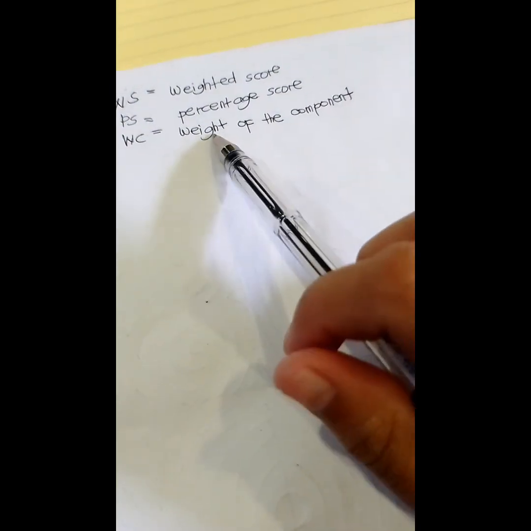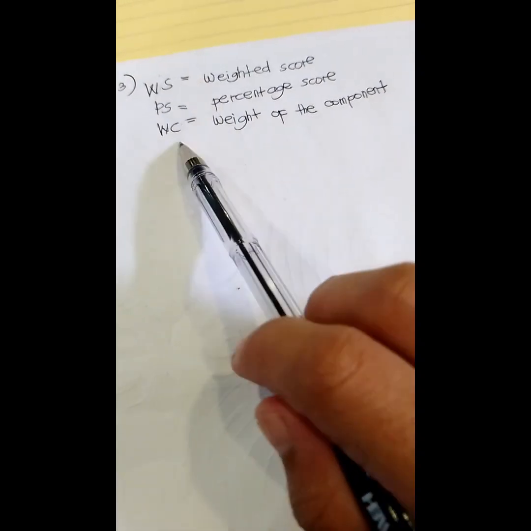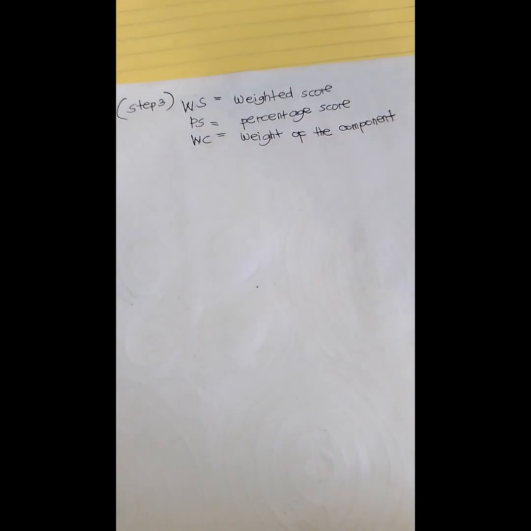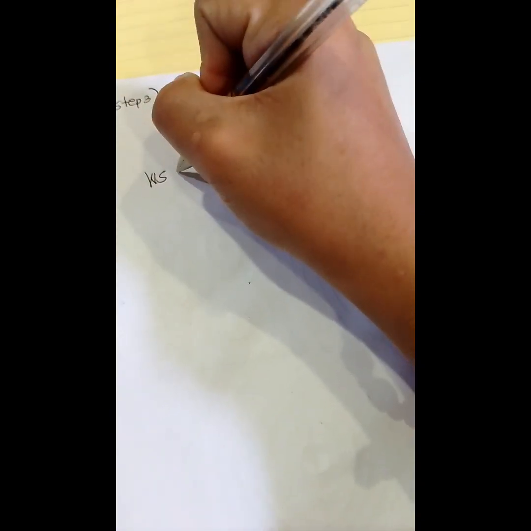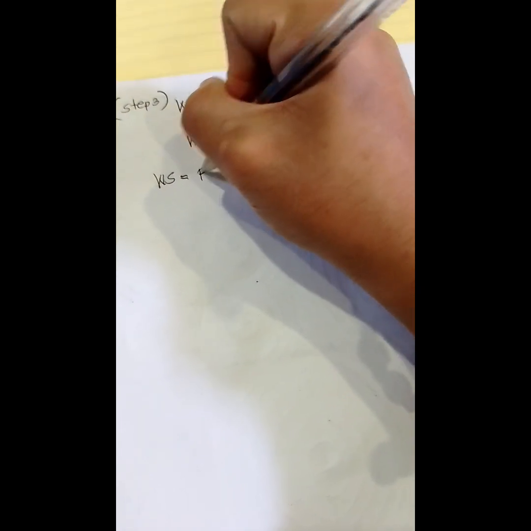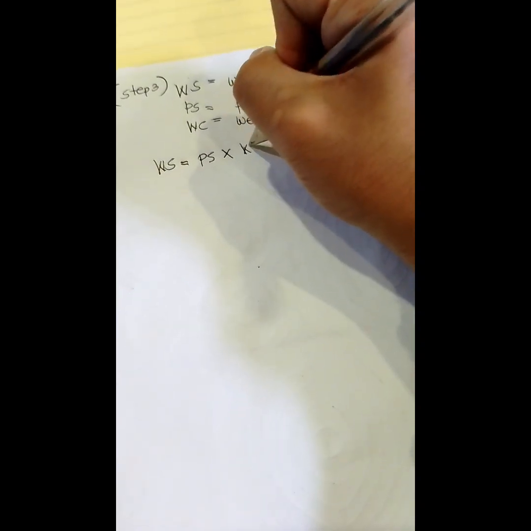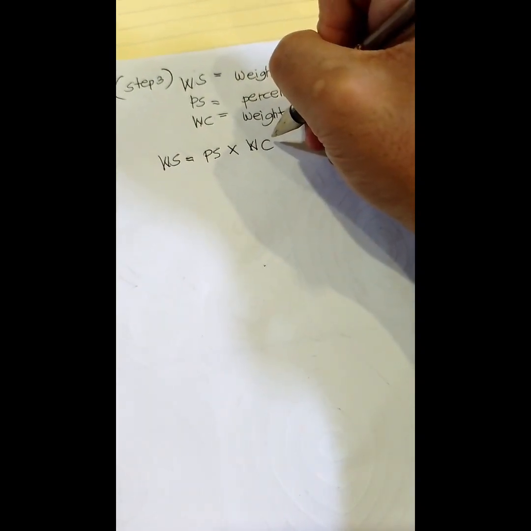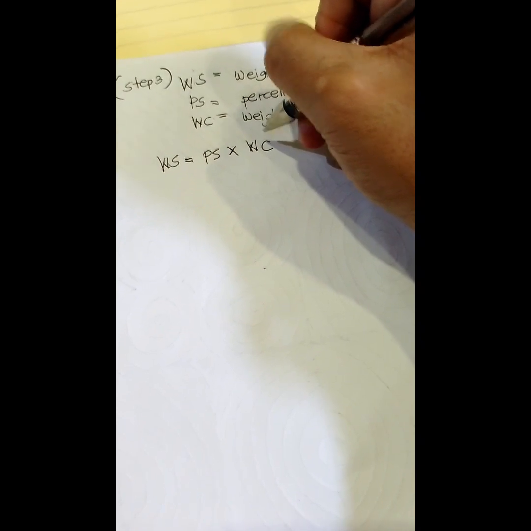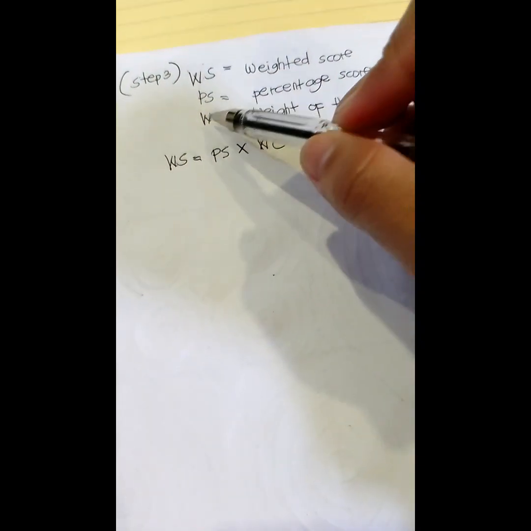So, to get the weighted score in the 3 components, we need to find the weight of the component. Where can we find the weight of the component? So, our equation is weighted score equals percentage score multiplied by weight of the component. First, where can we find the weight of the component?